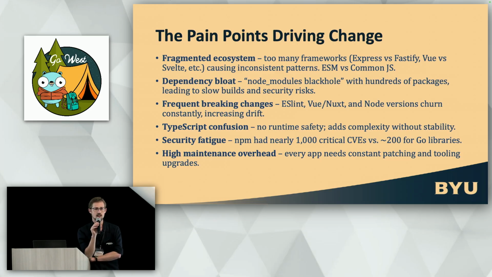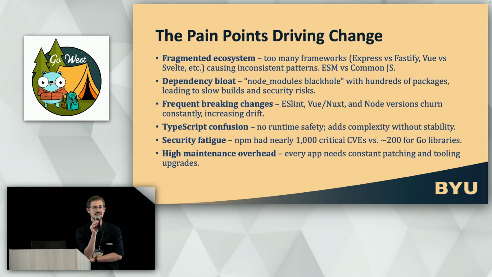But not for us. And ESM versus CommonJS was just getting out of hand. ESLint version 9 was a terrible breaking change and not compatible with any TypeScript plugins that you'd need. So a lot of TypeScript confusion started happening.